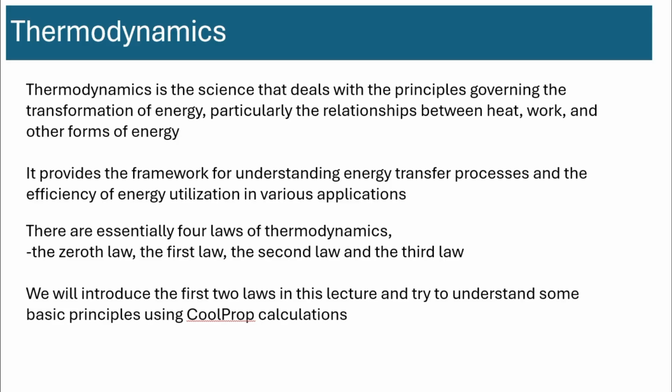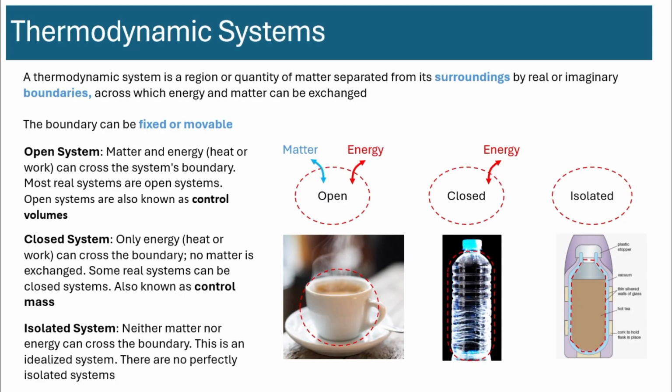Now, the first thing to do here is learn some basic terminology that is typically used in thermodynamics. So the first one is a system. You're familiar with the thermodynamic system, but still we'll do this as a refresher.